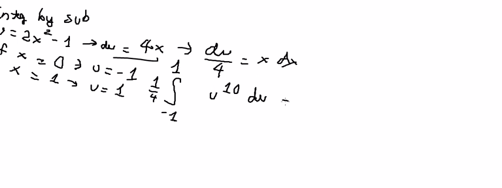And now we can get the final answer. U to the power of 10, you get u to the power of 11 over 11. Because we have 4 in here, 4 multiplied by 11, you get 44. And we put the bounds 1 and minus 1.